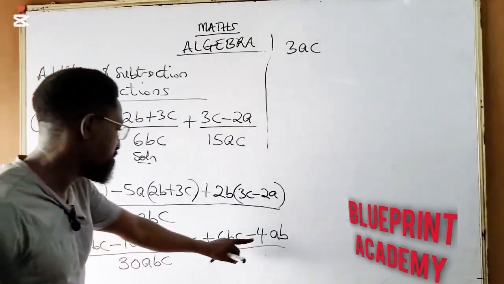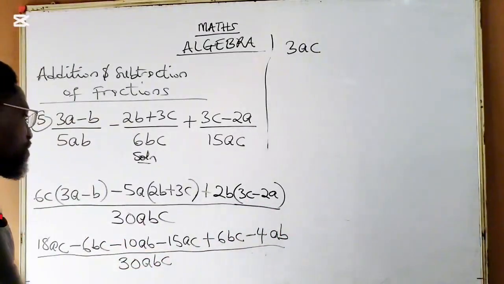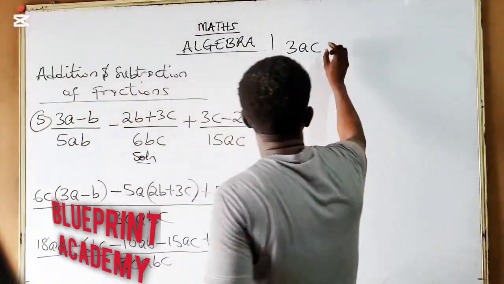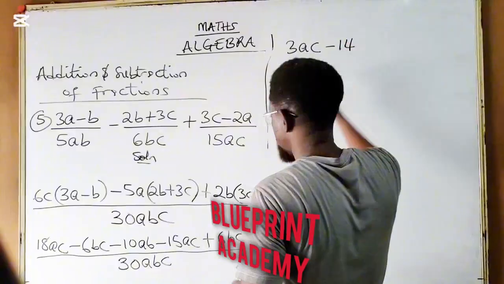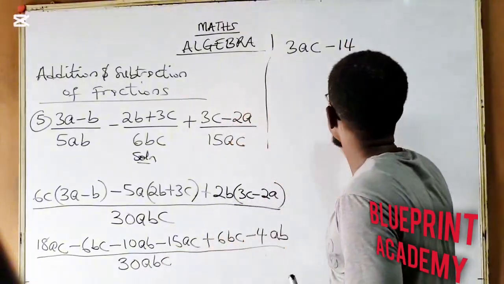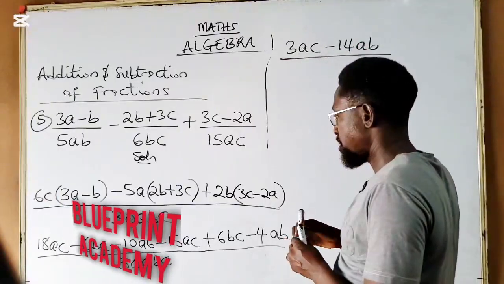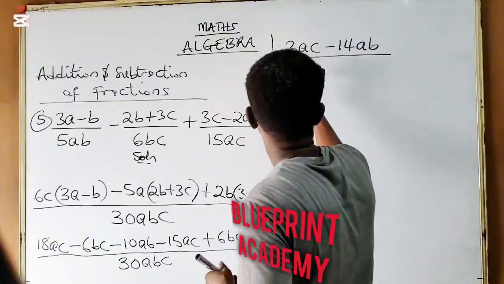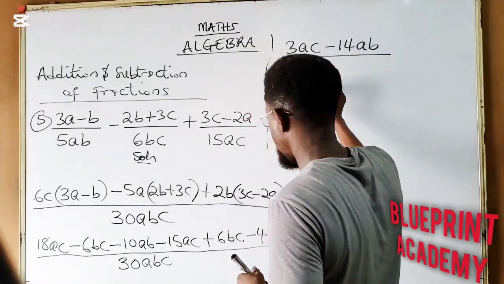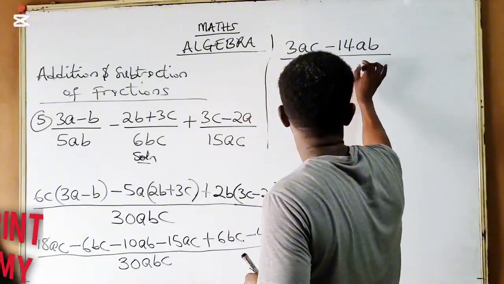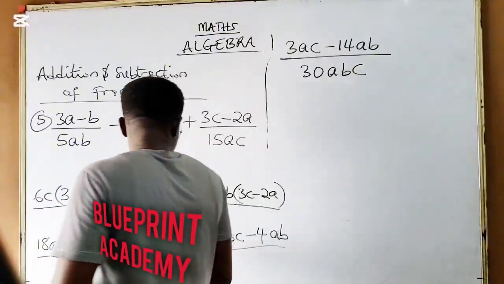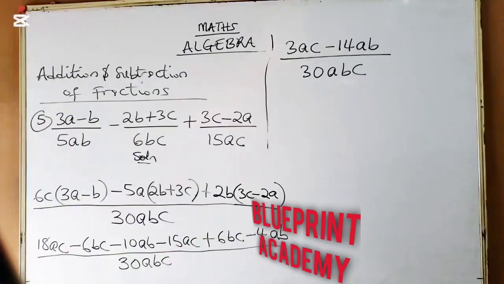So minus 10 minus 4, that will give us minus 14AB, all over 30ABC. So that should be the final answer.